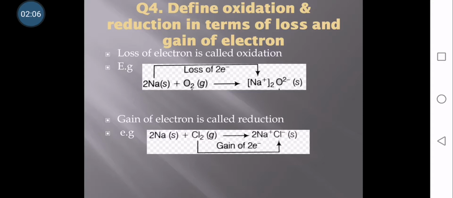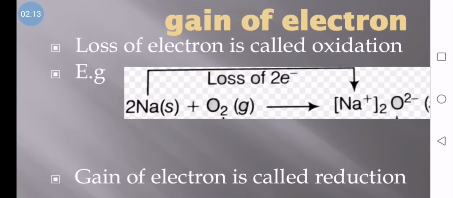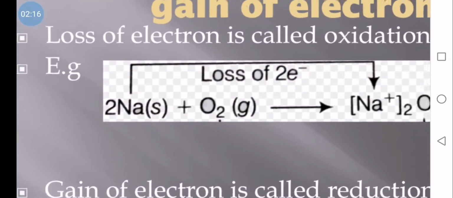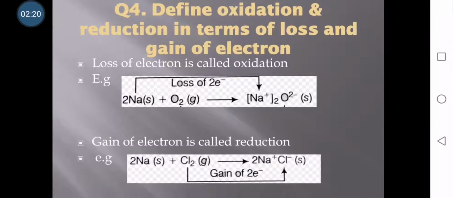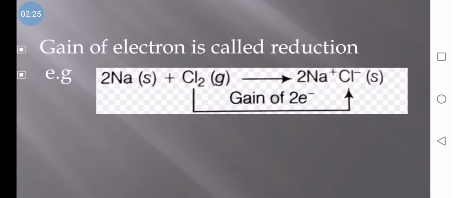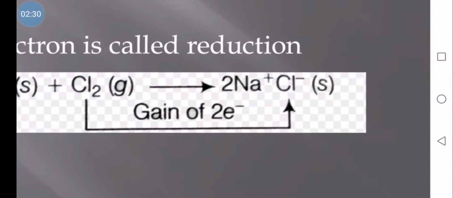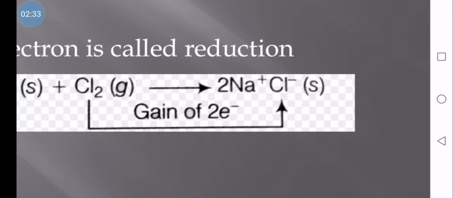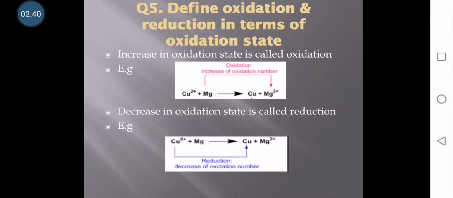For loss of electrons, you can see sodium, in solid form, changes from oxidation state 0 to +1 by losing electrons. For gain of electrons, in the other reaction, chlorine from its zero oxidation state turns into -1 by gaining electrons. So gain of electrons is called reduction and loss of electrons is called oxidation.